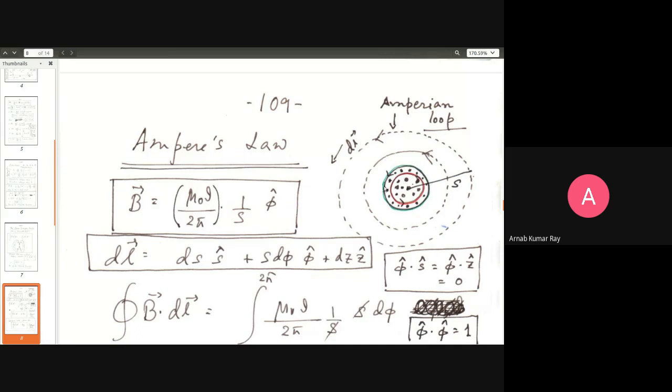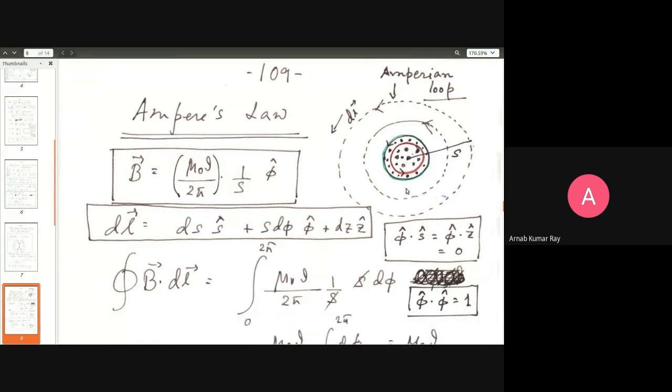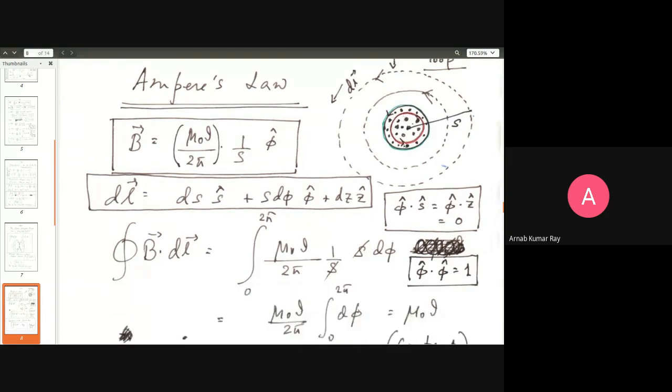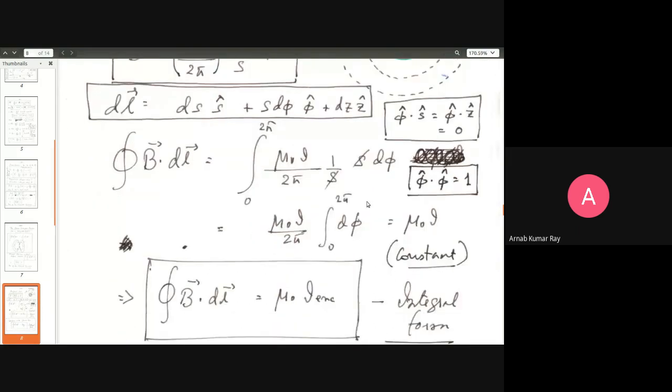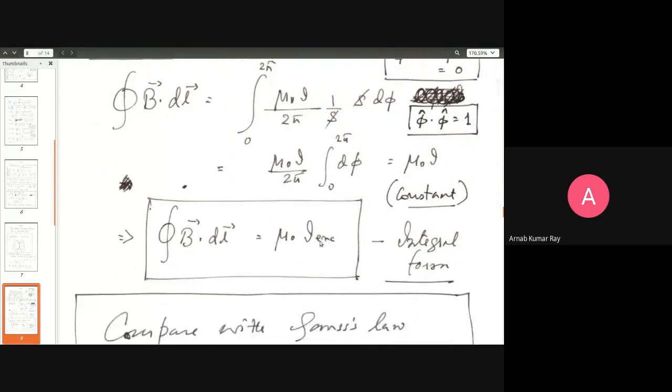But suppose your Amperian loop has got a smaller diameter and therefore a smaller circumference, such as this red circle. Now, you follow this point carefully. Only the current within this red circle need be considered. That is I enclosed.